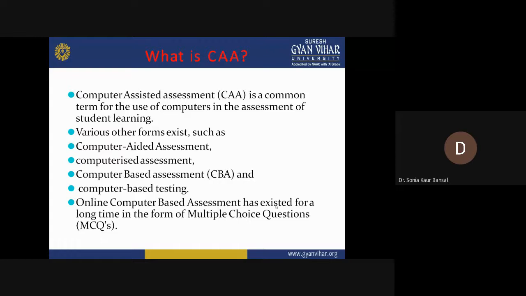Online computer based assessments have existed for a long time in the form of multiple choice questions, which are really very objective, and very good for the assessment of a person's behavior, feeling, emotion in an objective manner.